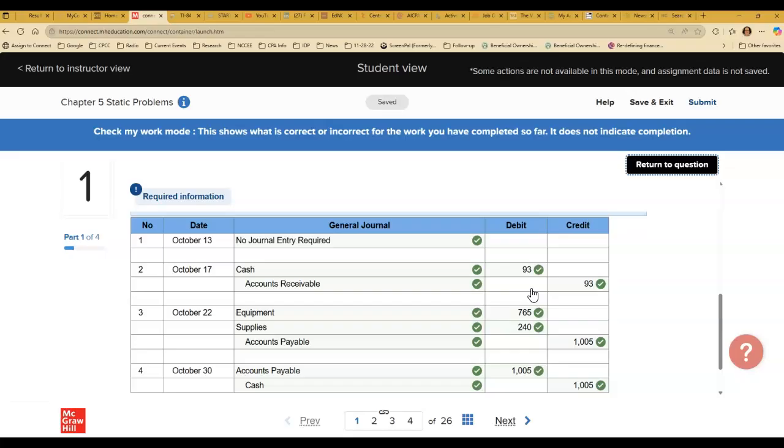So definitely the biggest thing here is that notice that on October 13th, right, when we were talking about that purchase order, remember that was a no journal entry, because I'm just saying that something like that will end up in your homework, an exam, or something else, and you're going to be like, I know there's a journal entry to go there. Remember, there is an option of no journal entry because it's just not happening yet. And I've already had this discussion with a few people at this point.